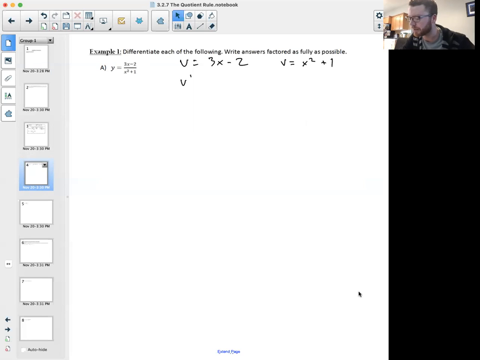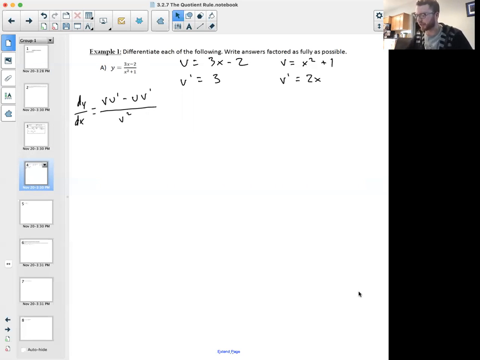So u prime is just going to equal 3, and v prime is going to equal 2x. As per the quotient rule, the derivative of y with respect to x is equal to v times u prime subtract u times v prime over v squared.